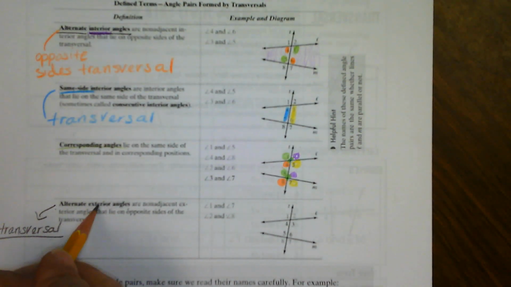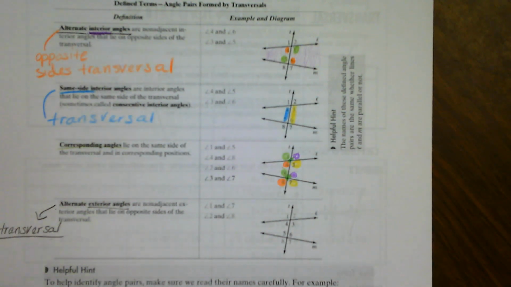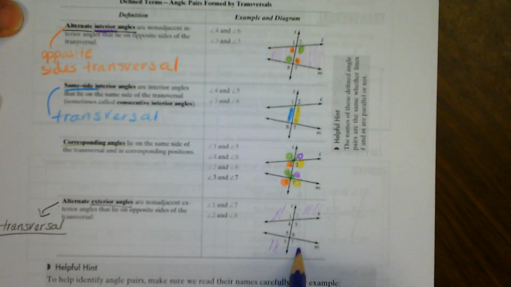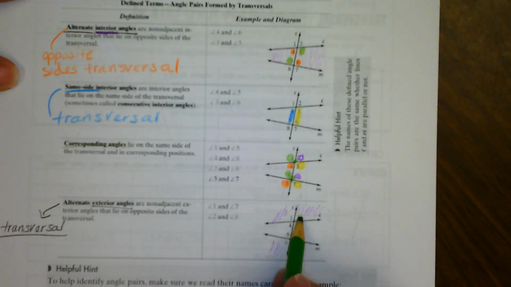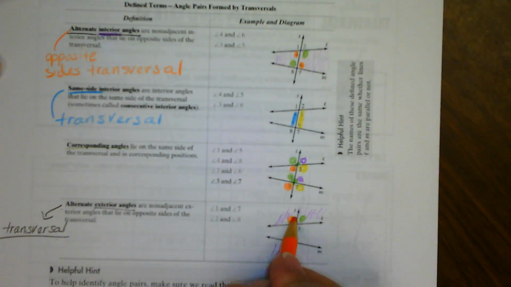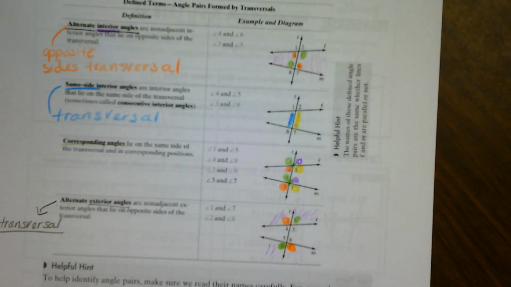This down here talks about exterior angles, which are outside, out here. Okay? And if I start talking about angle pairs here, I pick 2 and 8. Alternate sides of the transversal, outside the parallel lines. And then I can come back and pick 1 and 7 as opposite exterior angles.